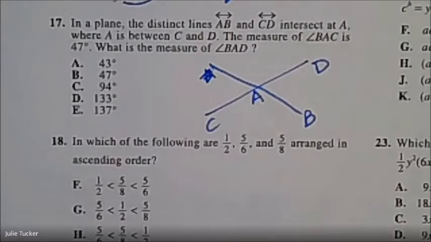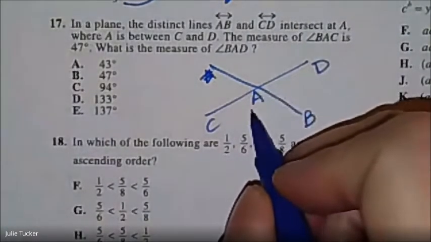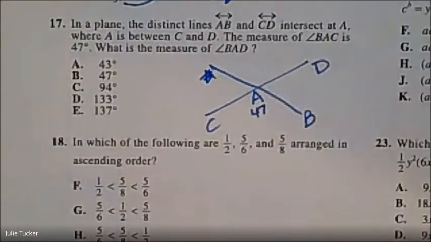In a plane, the distinct lines, which distinct just means two separate lines, AB and CD intersect at A, where A is between C and D. The measure of angle BAC is 47 degrees. That goes here. What is the measure of angle BAD?